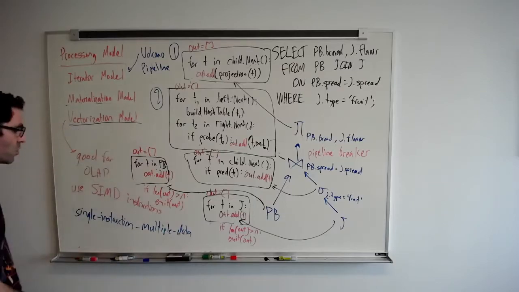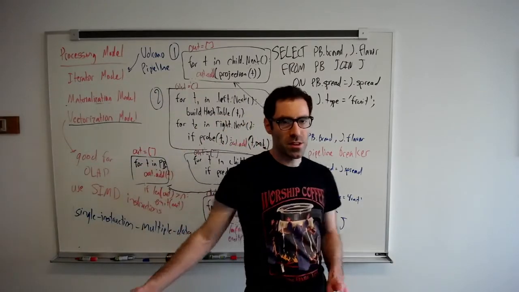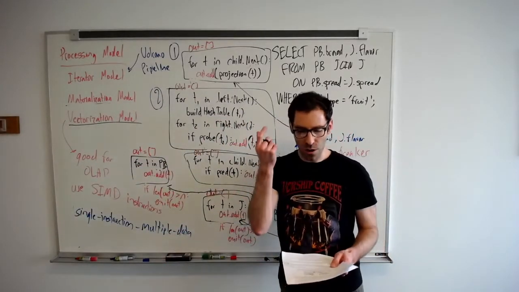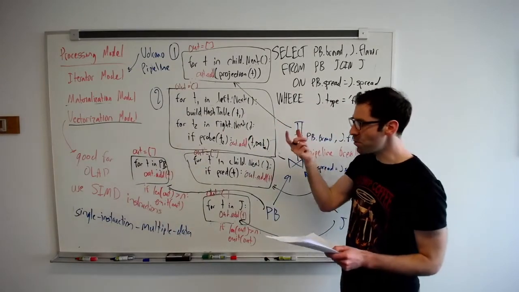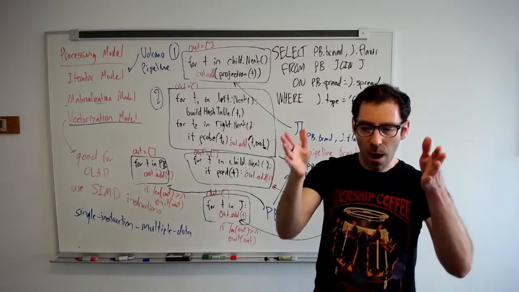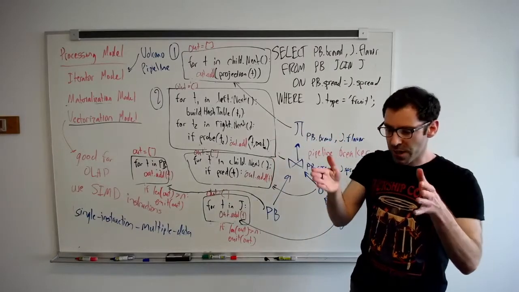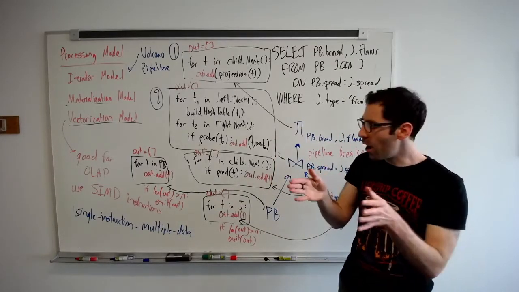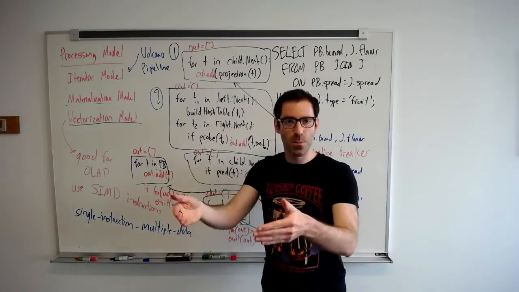Single instruction multiple data is what SIMD stands for, and modern CPUs support these instructions that with a single instruction can operate on a vector, a fixed length array of data, at the same time.